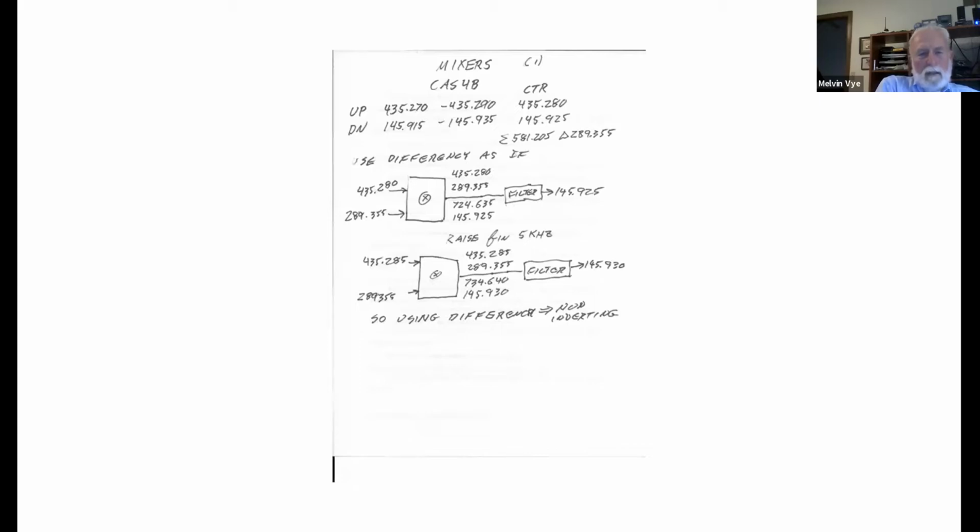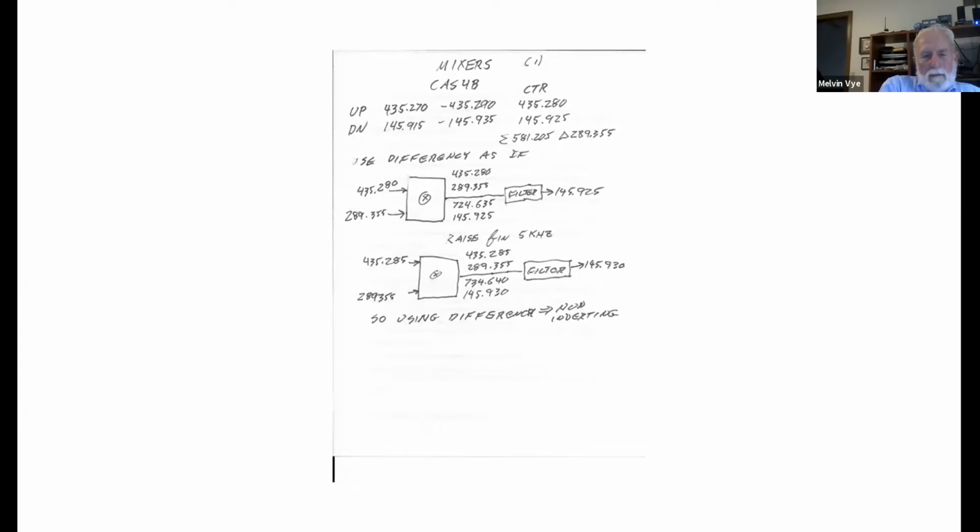So it has an uplink on 435.27 to 435.29, so 20 kilohertz passband, and downlink on 145.915 to 145.935. Now, if I take the center frequencies, then you have 435.280 and 145.925, and I look at the sum of those center frequencies, 581.205, and the difference 289.355.